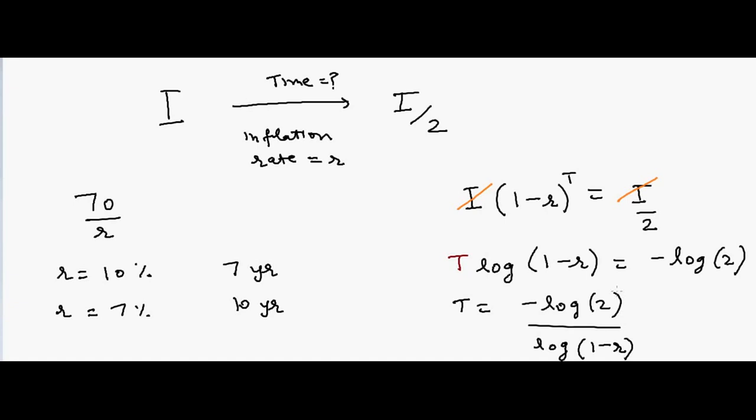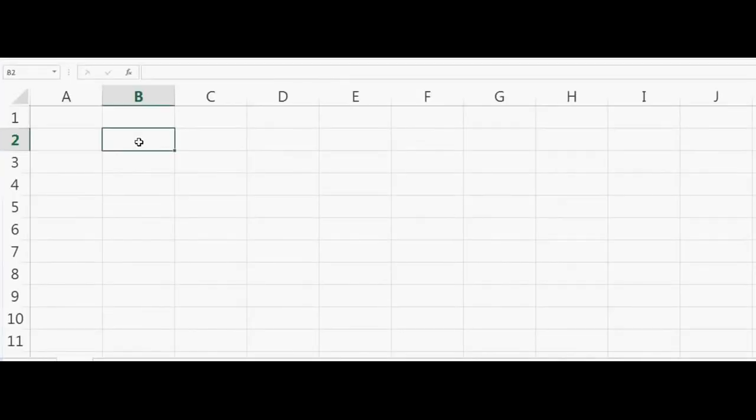So let's go to Excel, and suppose we have an interest rate, which is not the interest rate, it's the inflation rate. So that's equal to 2, 3, 4, 5, and we have different inflation rates. And this is our time.